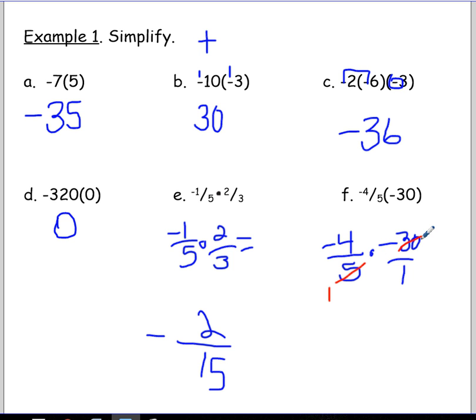And I'm going to divide out 5 from 30, and 30 divided by 5 is 6. And so on the top, I have 4 times 6, which is 24. 1 times 1 is 1 on the bottom, which I'm not even going to write. And then I see my two negatives build a positive. So my answer here is a positive 24.